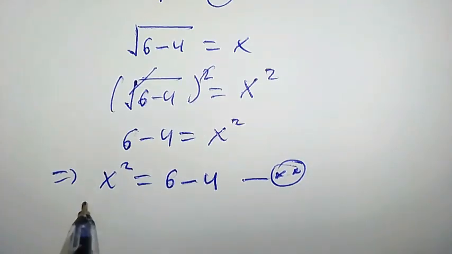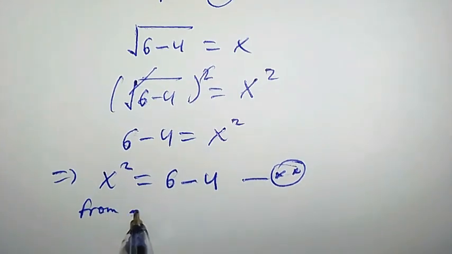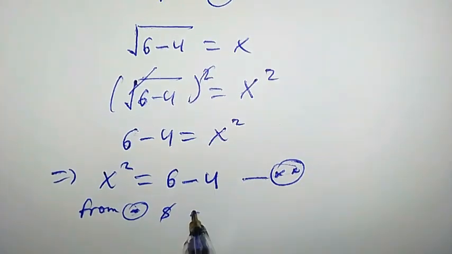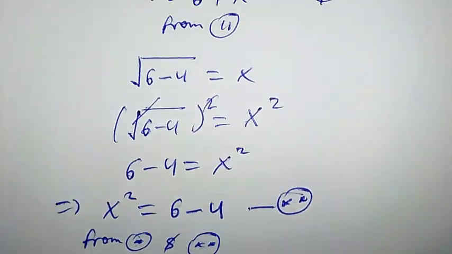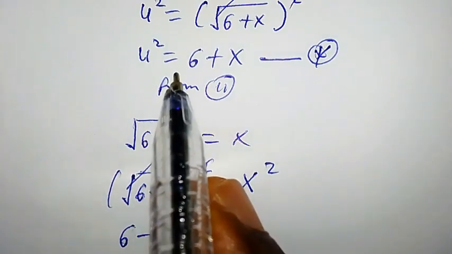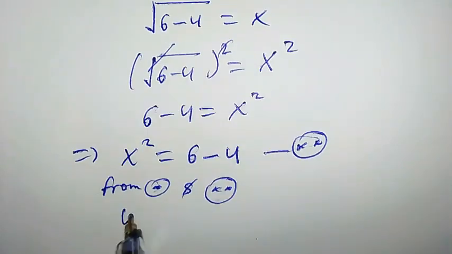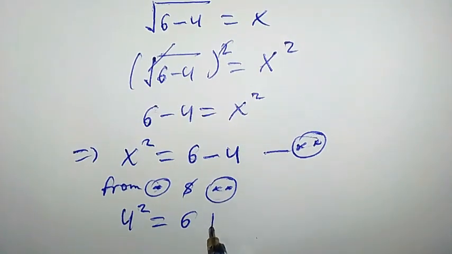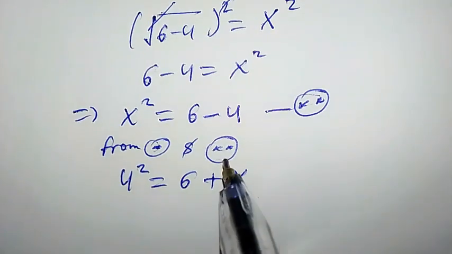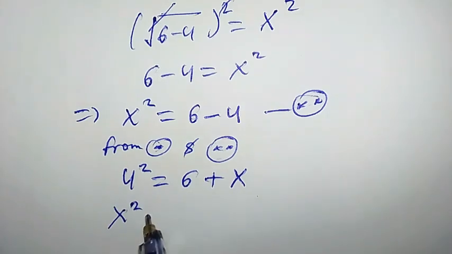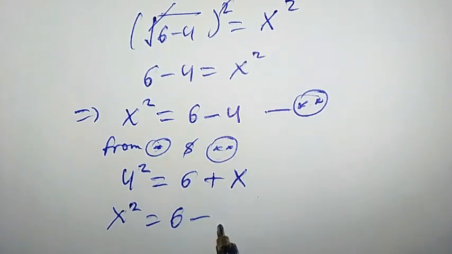Now, from equation star and equation star star, for equation star, we have u square equals to 6 plus x, and for equation star star, we have x square equal to 6 minus u.